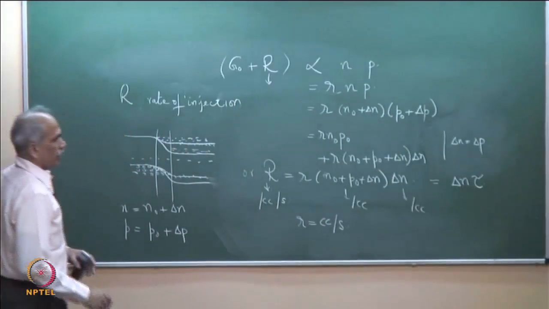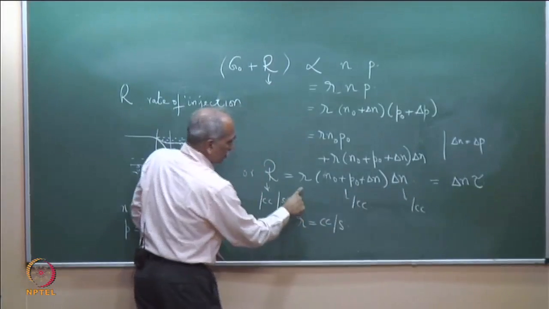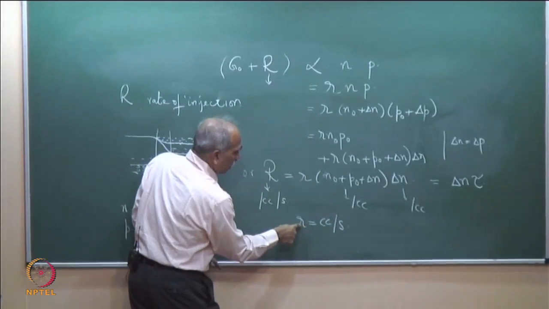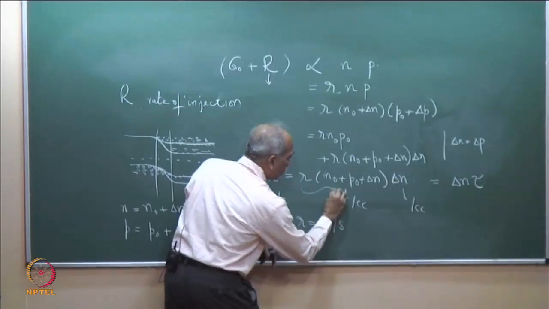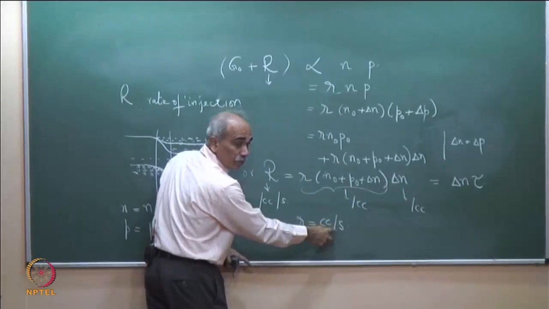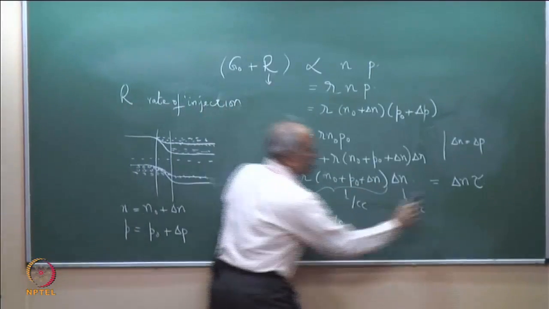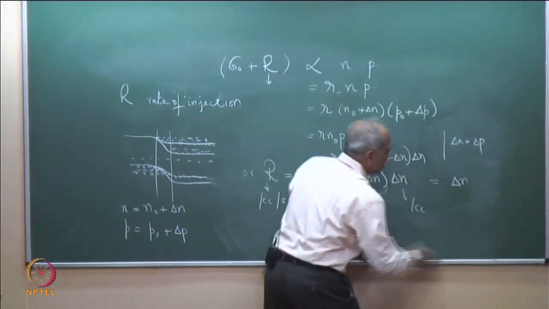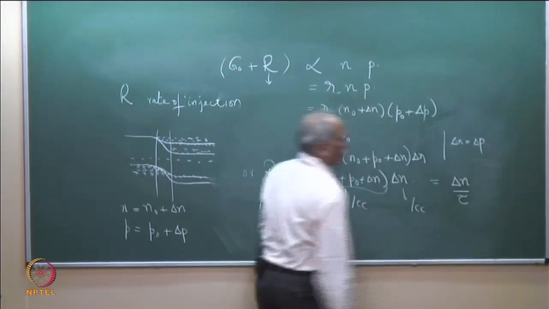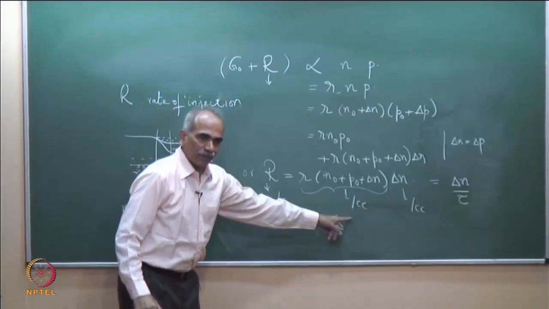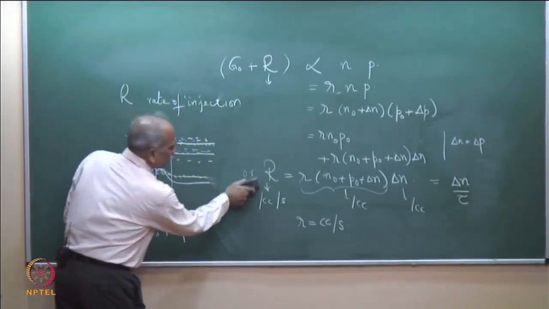delta n into tau, where this whole thing, so this is the unit of R and this is the unit of cc. Therefore, this whole quantity has unit of per second. Please see, this quantity is unit of per second, and therefore, I write this as delta n by tau, because this is per second. So, denominator there is tau, no confusions.